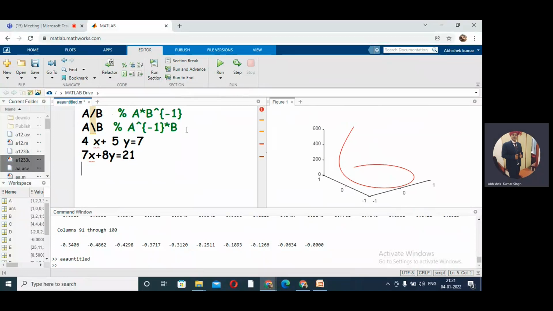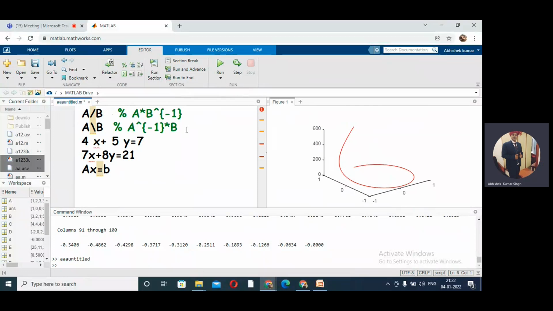Suppose we have these two equations, two unknowns, right? So we can write in the matrix form Ax equal to B. A is the coefficient matrix. First row is 4, 5. Second row is 7, 8.